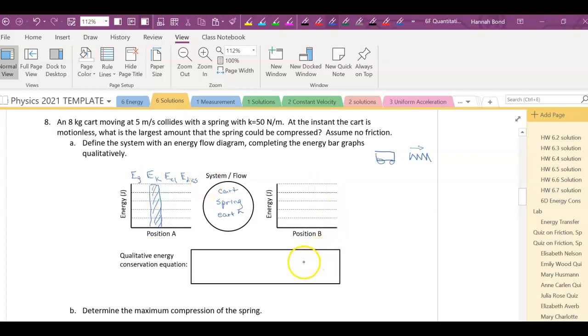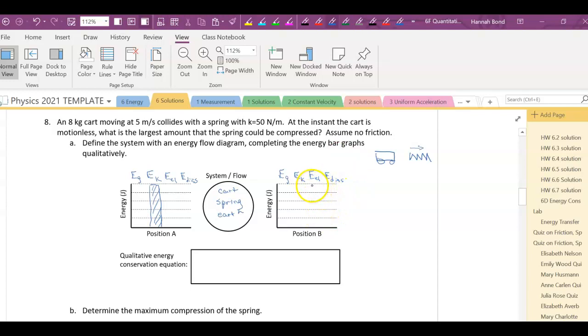But at position B, the cart is motionless because it has compressed the spring. It's probably getting ready to change directions, but I'm looking at it at that instant when it's motionless. So there's no more kinetic energy. The spring is compressed. And there is no friction, so I won't have any dissipation.